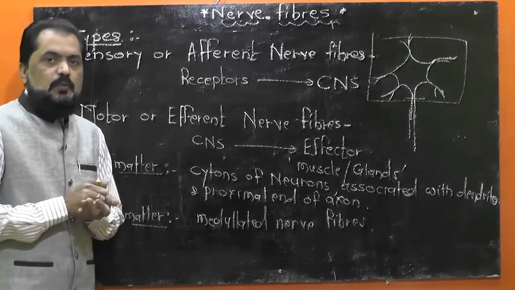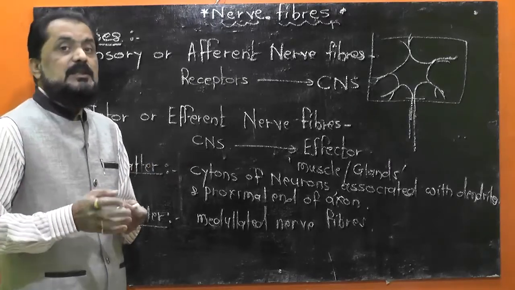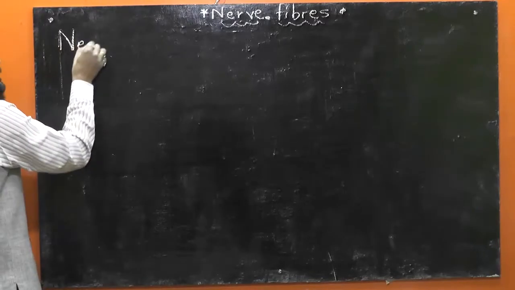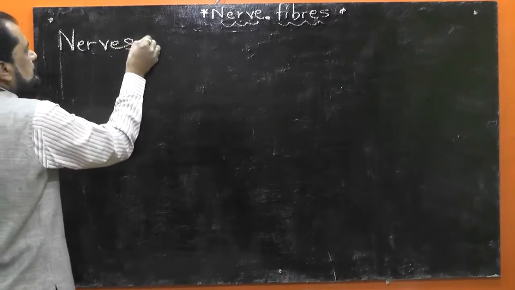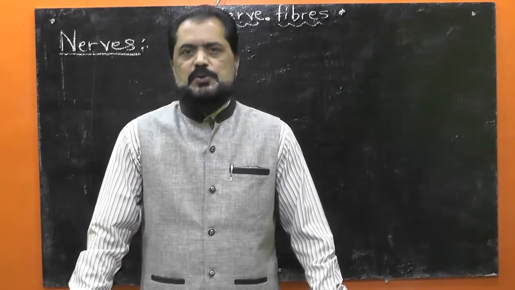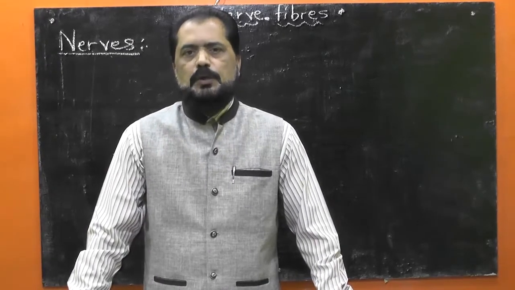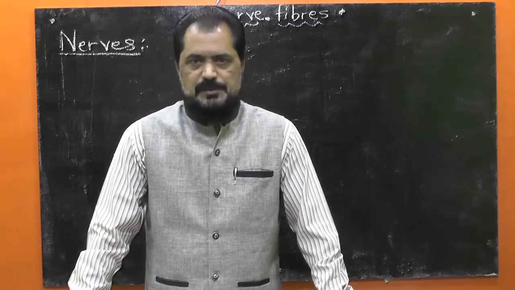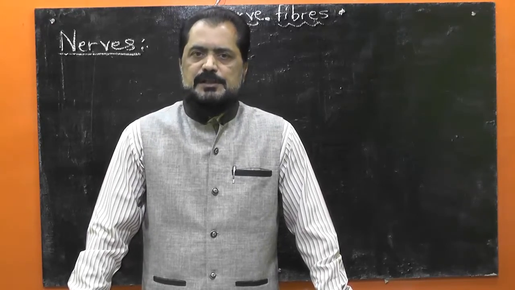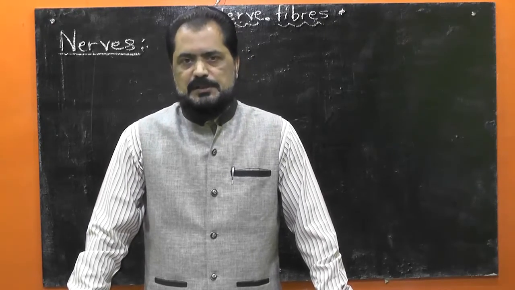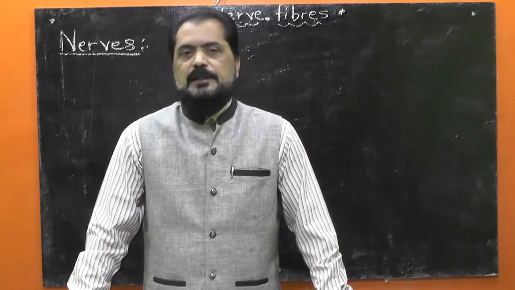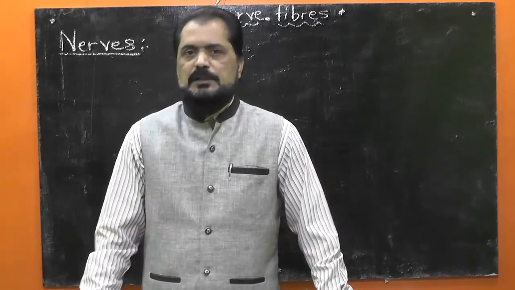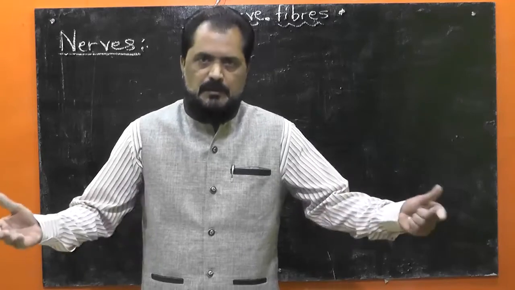Now, let us move to the next term, that is nerves. Please don't get confused between the two words, nerve fibers and nerves. Just now we have discussed the nerve fibers, and here we are going to discuss the nerves. Let me explain.